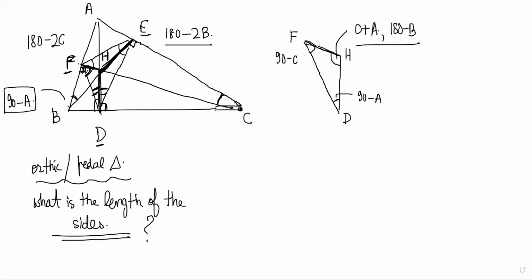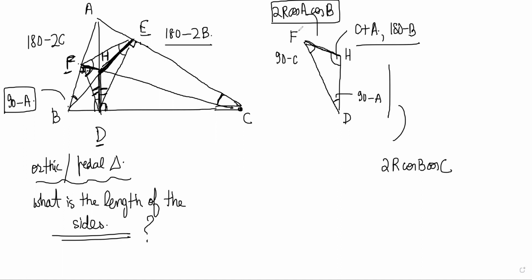What I will say is, in this triangle, what is the information you know? From before, you know the length HF, right? We had derived that length earlier, HF, 2R cos A cos B. Do you remember 2R cos A cos B? Yes, sir. Similarly, HD would be 2R cos B cos C, right?